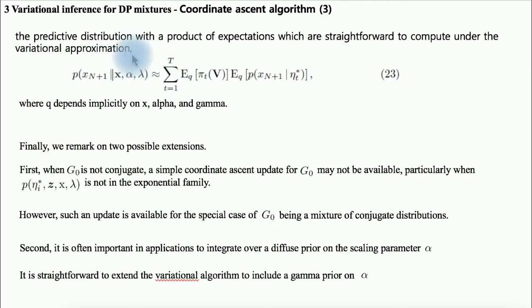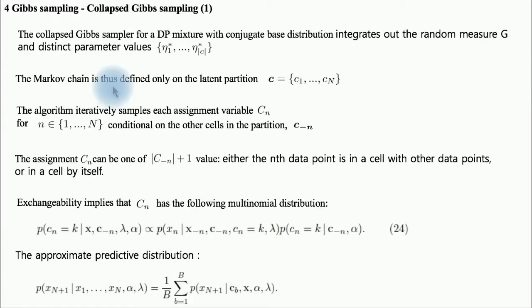Consequently, we can approximate the predictive distribution with the product of expectations, which are straightforward to compute under the variational approximations, where the Q depends implicitly on X, alpha, and gamma. For comparison to variational inference, we review the collapsed Gibbs sampler and the blocked Gibbs sampler for the DP mixture.